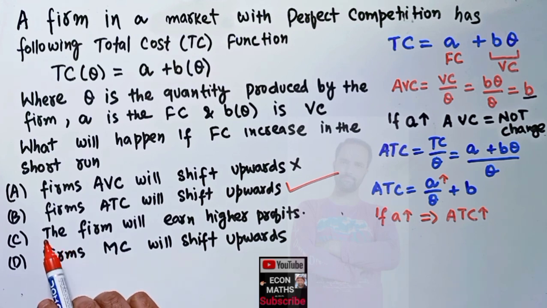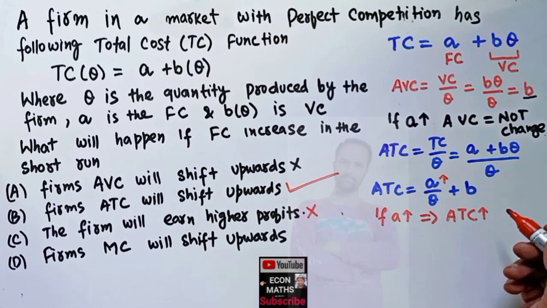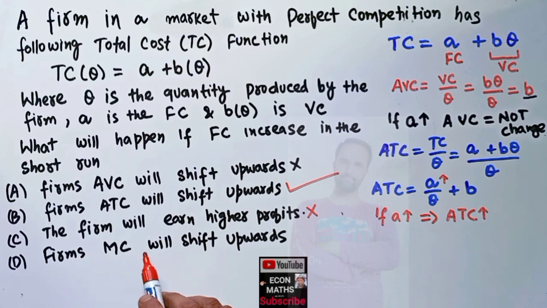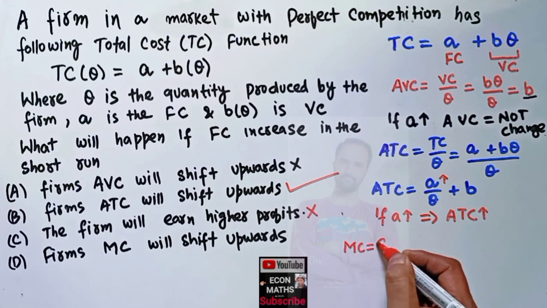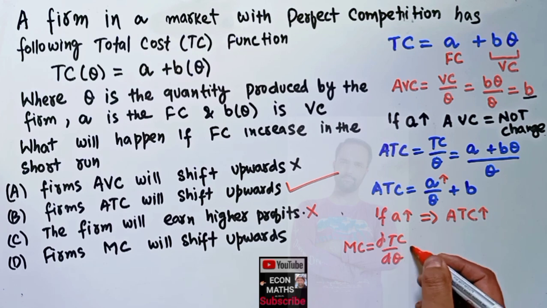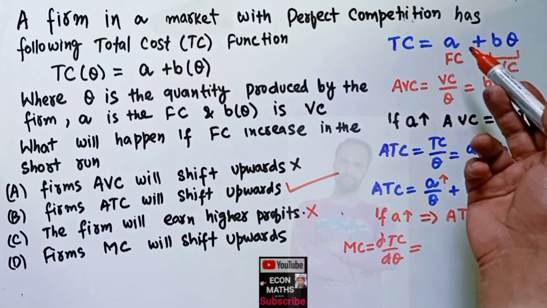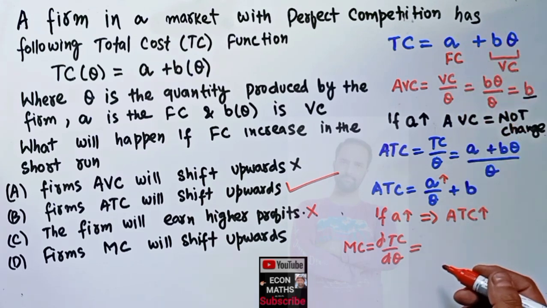The third option is: the firm will earn higher profit. No, it cannot earn higher profit when its average total cost increases. The last option is: firm's marginal cost will shift upwards. Marginal cost is simply the derivative of the total cost function with respect to output. If we take the derivative with respect to Q, the first term has no Q, so its derivative is 0.